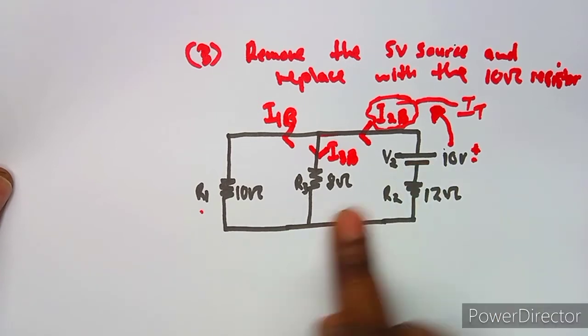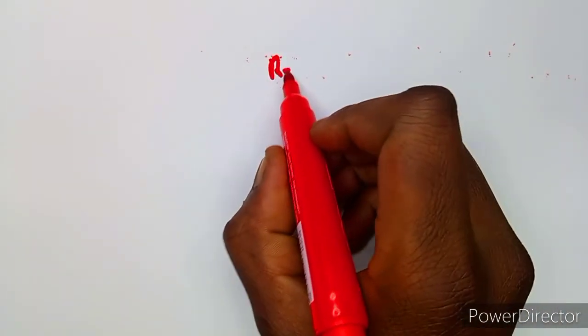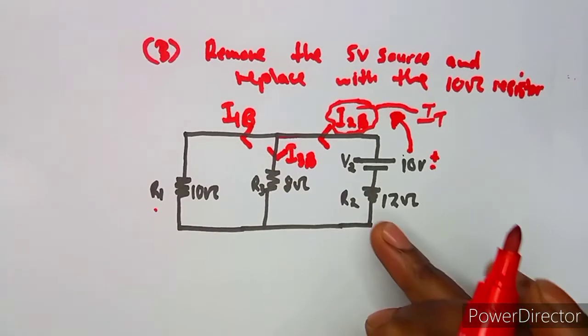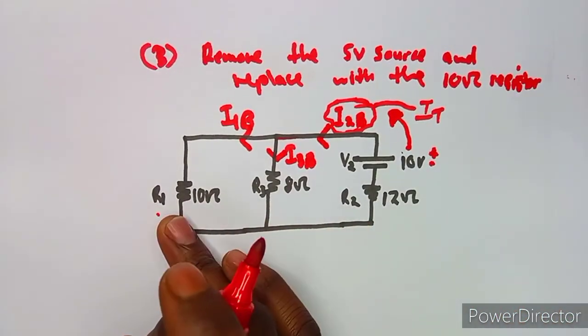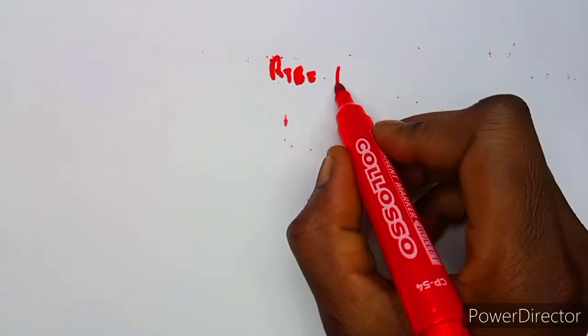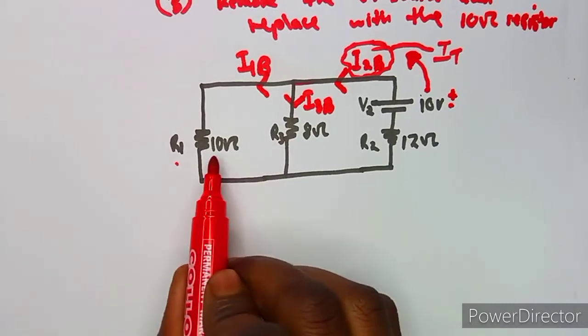So that means we have to calculate the total resistance of the circuit, considering that this is in series to these two resistors in parallel. So our RTB this time is going to be the series resistor R2 plus these two that we are having.